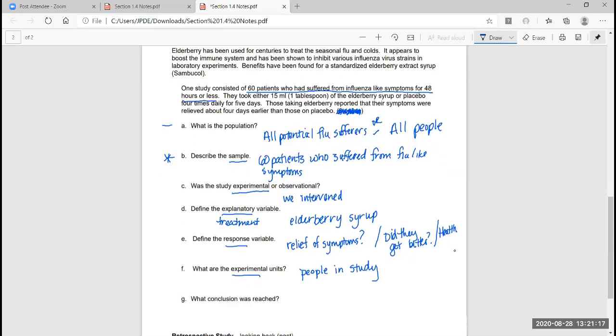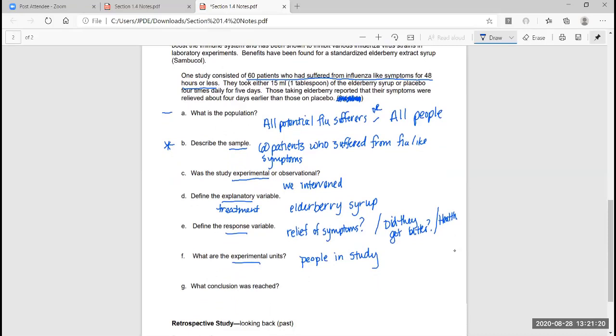And then if we look at this, it says what conclusion was reached? Well, it says right here, those taking the elderberry reported that their symptoms were relieved 4 days earlier. You can write that whole thing. Sometimes there's more comfort for students writing the whole thing.